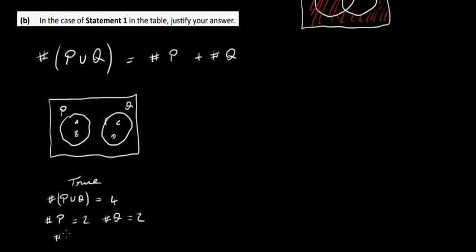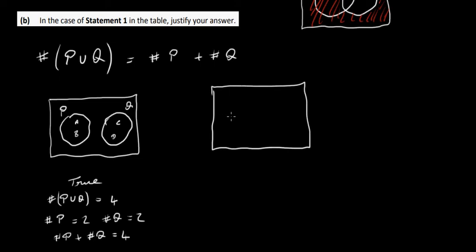So the cardinal number of P plus the cardinal number of Q is equal to 4. So it does work here. Now if on the other hand there was an overlap, so let's take this scenario here where you have P here and you have Q here. Now in this particular case it's not true.